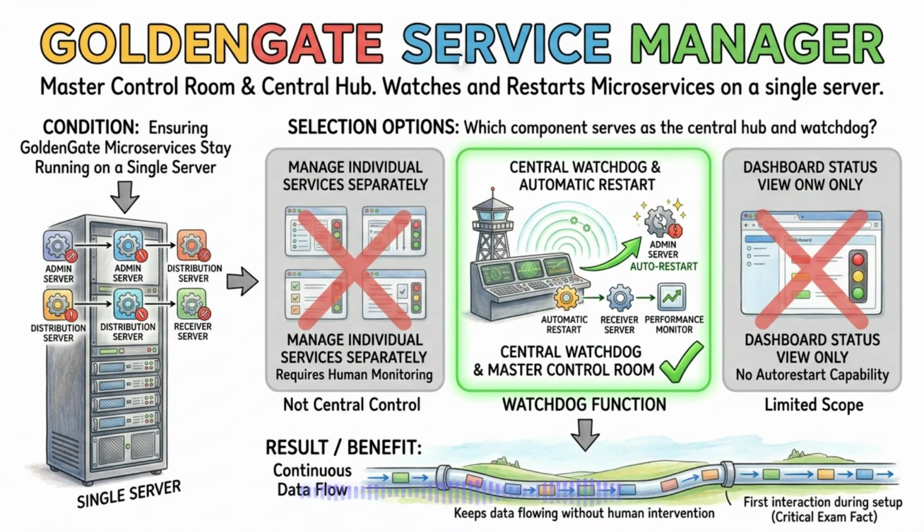If one of the smaller services accidentally stops, the Service Manager can automatically restart it to keep your data flowing without human intervention. Understanding the role of the Service Manager is absolutely necessary for passing the certification, as it is the first thing you interact with during setup.